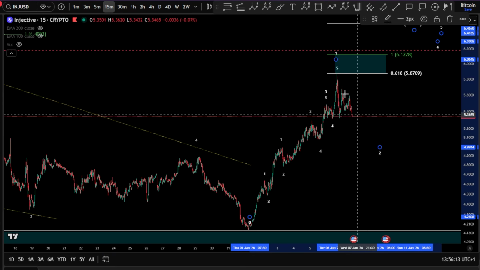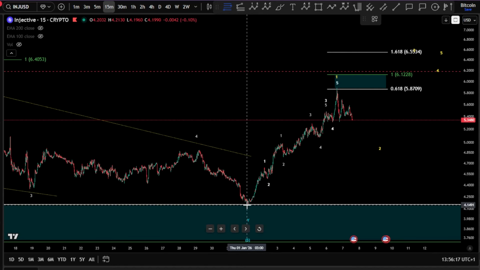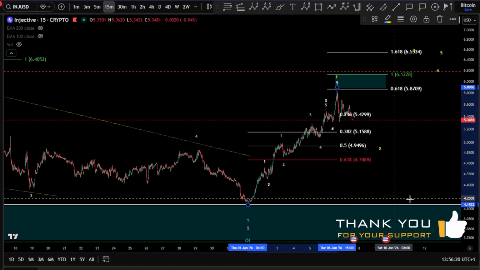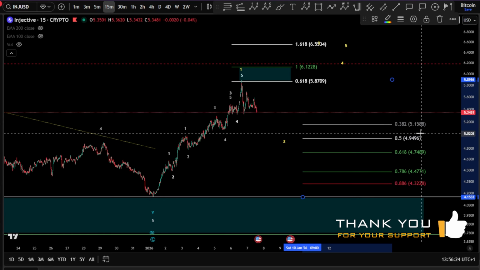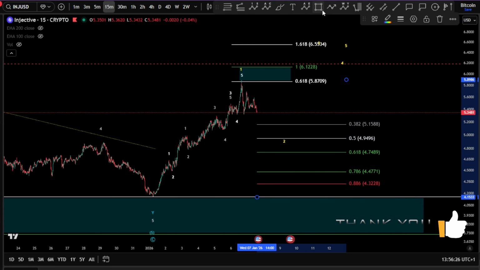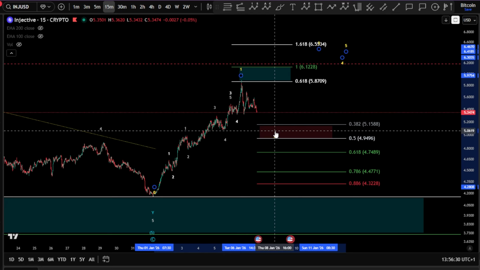Okay, so I'm going to put this in yellow, and therefore our target might be reaching a wave two right now. Wave 2 minimum requirement is 0.38, which means we are diving deeper here in this testing area for a wave 2.